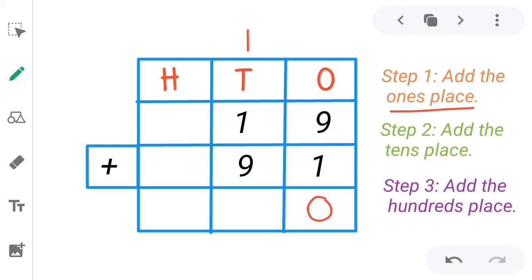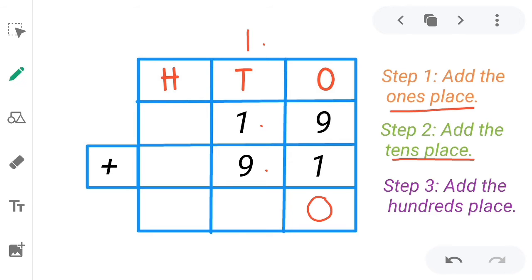Now the next step is add the tens place. If I add the tens place here, we have 1 plus 9 will give us 10. Adding the carryover to it, 10 plus 1 will give us 11. So children, in 11 again we have a 2-digit number.